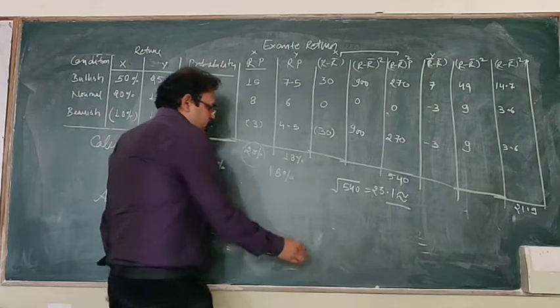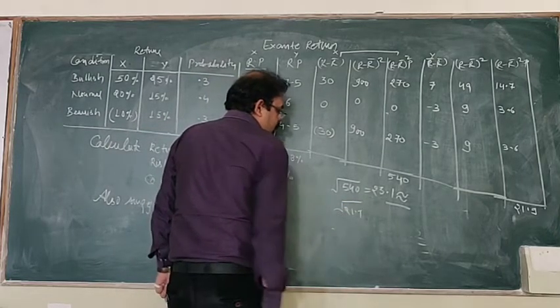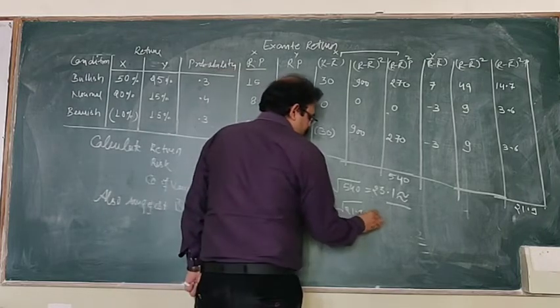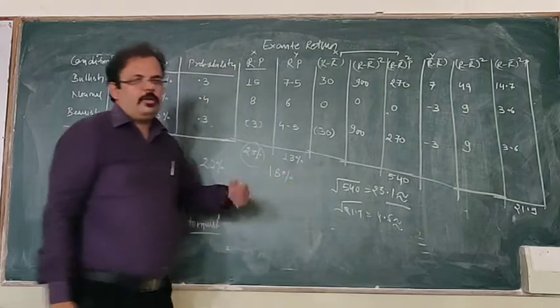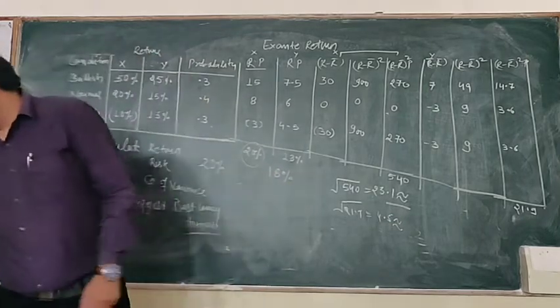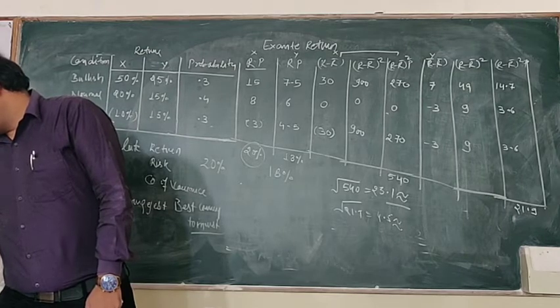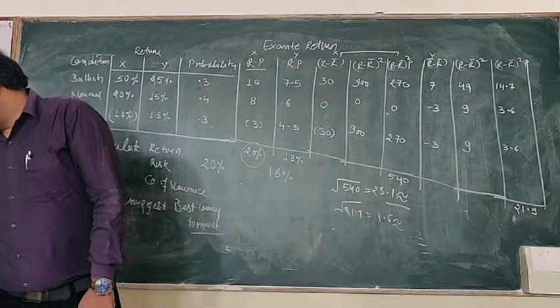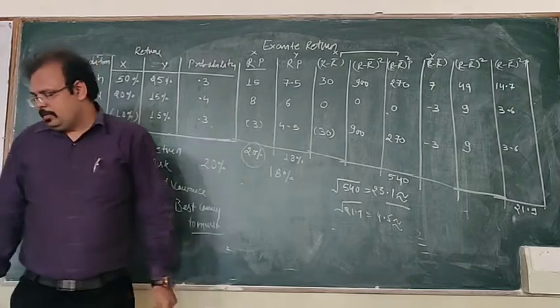Now take its root, and the value lies between 4 and 5, that is 4.5 approx. Is it clear now? Any doubt till this point? Simple. It's not a big deal to handle.